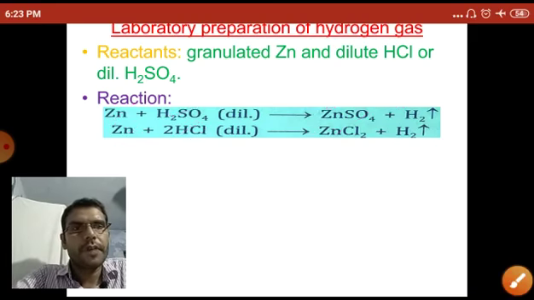So this type of reaction happens when we prepare the hydrogen gas from zinc granules with dilute hydrochloric acid or dilute sulfuric acid.